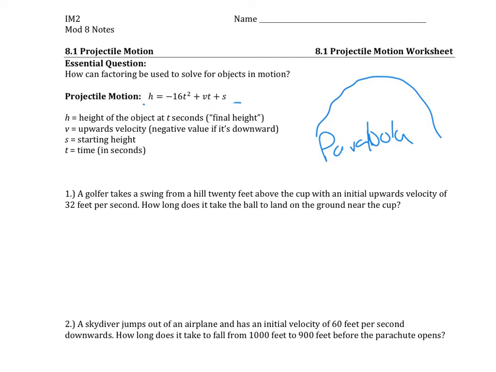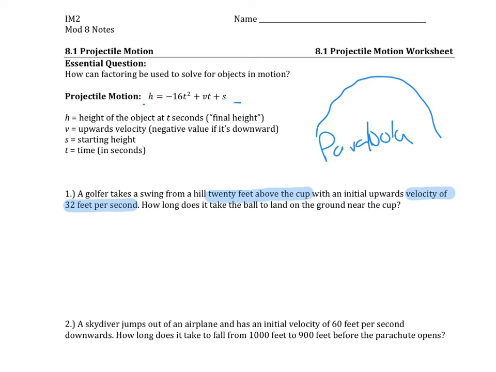All right, so let's look at number 1 here. It says a golfer takes a swing from a hill 20 feet above the cup with initial upwards velocity of 32 feet per second. How long does it take the ball to land on the ground near the cup? So let's label what we have. So important information, a golfer takes a swing from a hill 20 feet above the cup with initial upwards velocity of 32 feet per second.